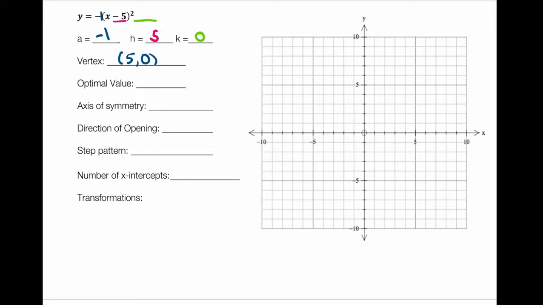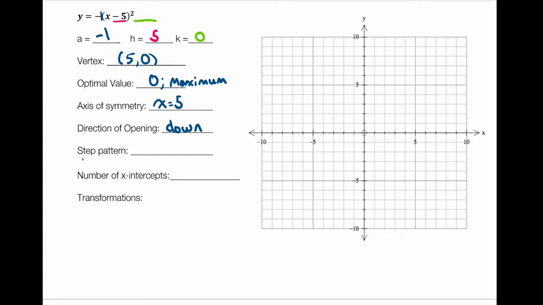So my vertex is 5, 0. The optimal value is the y value of the vertex, so 0. The axis of symmetry is x equals h, or in this case x equals 5. The direction of the opening is down because my a value is negative. That means that my optimal value will be a maximum, so I can go back up and add that.